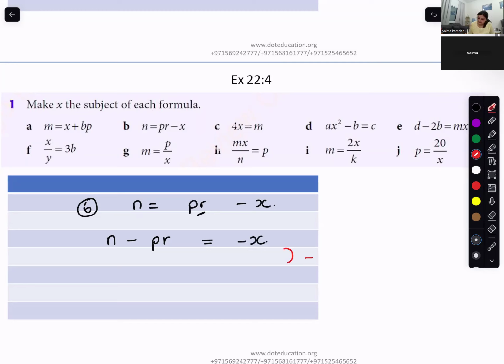Now I do not need this 3y over here, so I will minus the 3y. So m minus 3y is equal to 3x. I don't need this 3 over here, so I'm going to divide by 3. So m minus 3y over 3 is equal to x. So I would say x is equal to m minus 3y over 3.